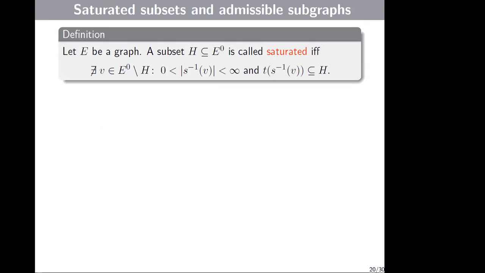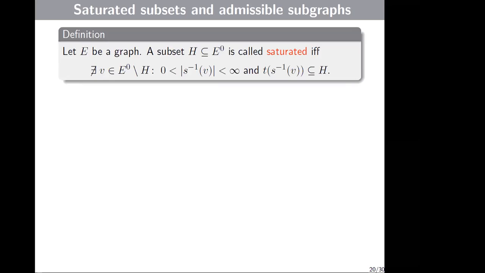But the other property, the property of being saturated, is a bit more complicated because it cannot be explained purely in terms of graphs. So this has an explanation in terms of Leavitt path algebras, in terms of graph C*-algebras, and you will come to appreciate this condition very much. But at this stage, at the level of graphs, it's not motivated. It's not obvious why on earth we would bother to have such a condition. But first, let's grasp the definition.